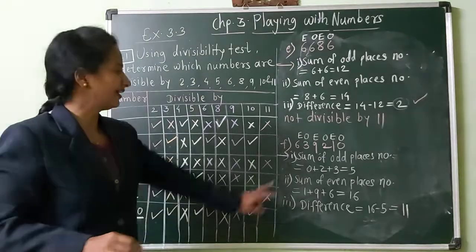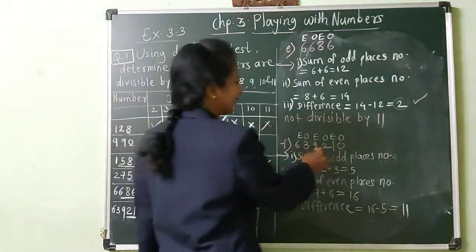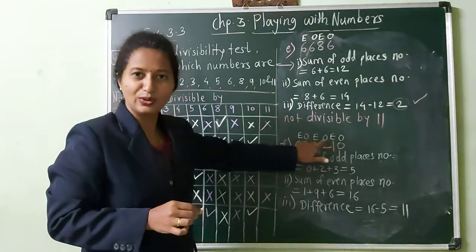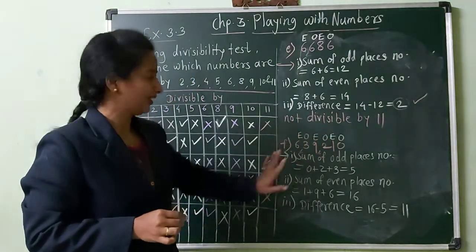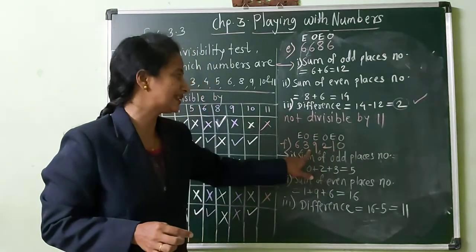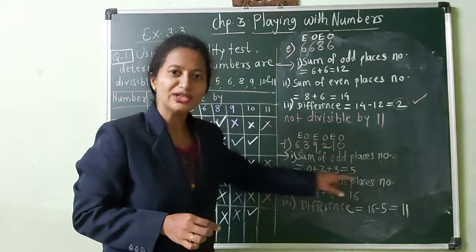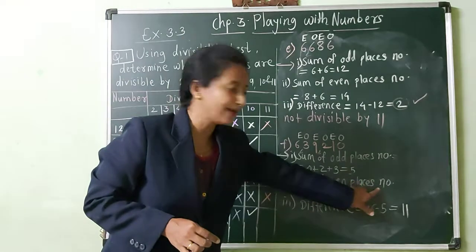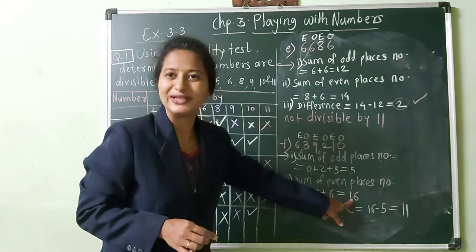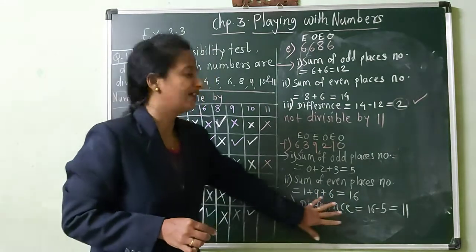Then the last sum we'll take is the F sum, that is 6,39,210. Mark odd, even. Then sum of odd places numbers. So 0 plus 2 plus 3 is equal to 5. Sum of even places numbers. So 1 plus 9 plus 6. Answer will be 16. And the last step, difference.